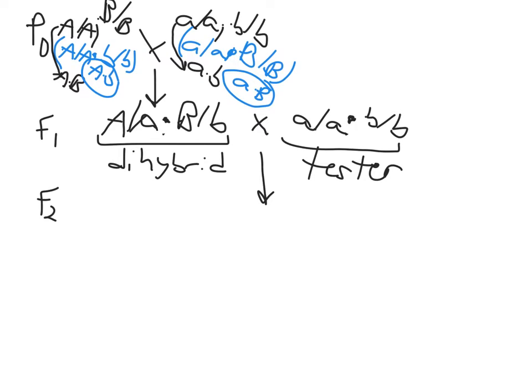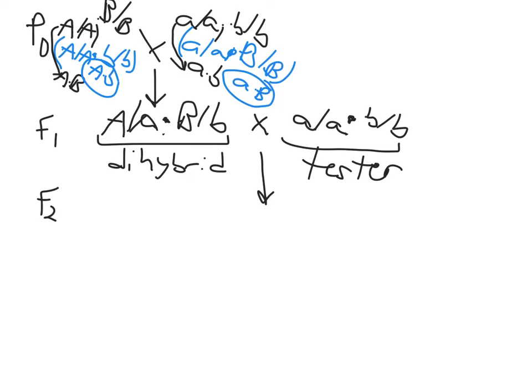The only point is you can't assume that the parental types are always the capital letters together and the lowercase letters together. Every question you do, you have to look at the P0 generation and for yourself figure out what are the parental haplotypes.